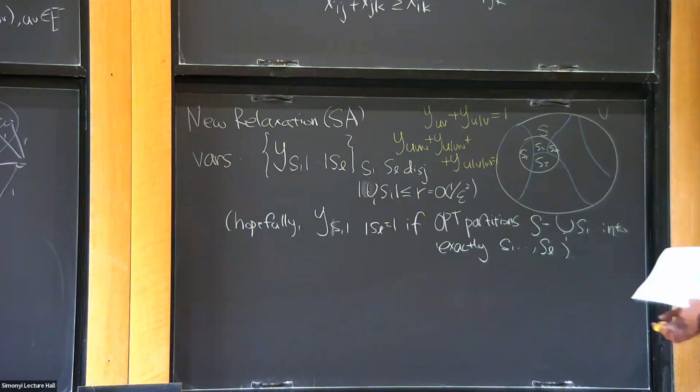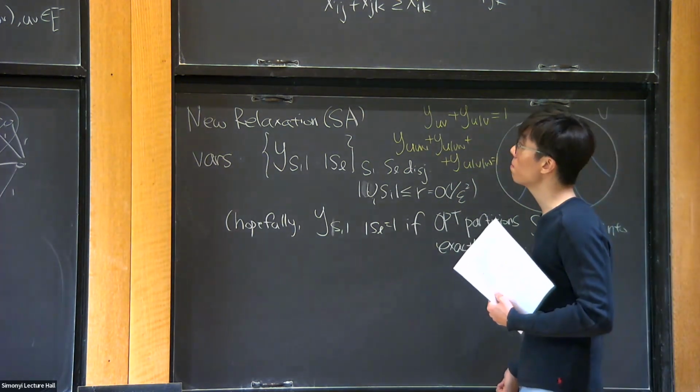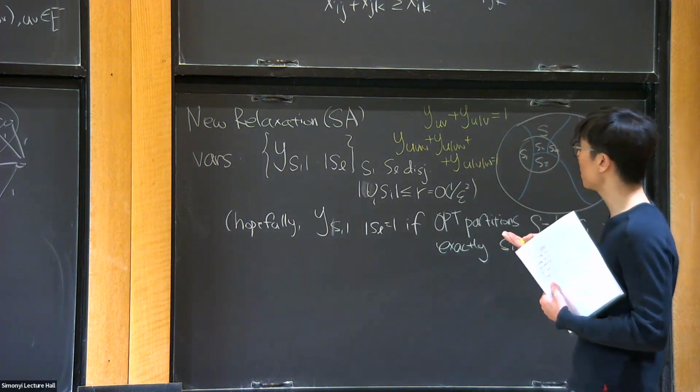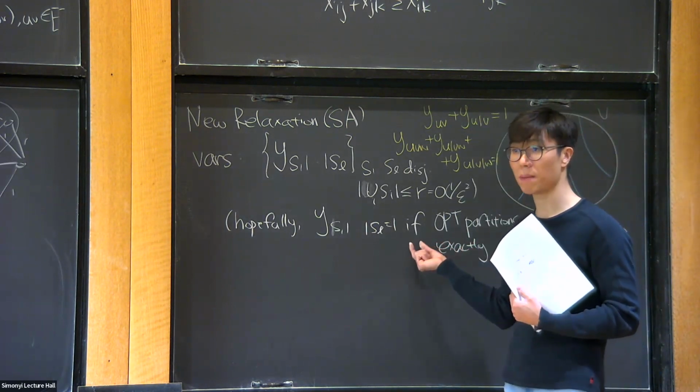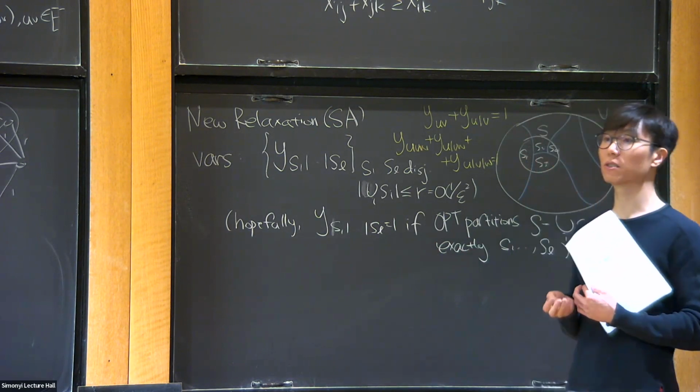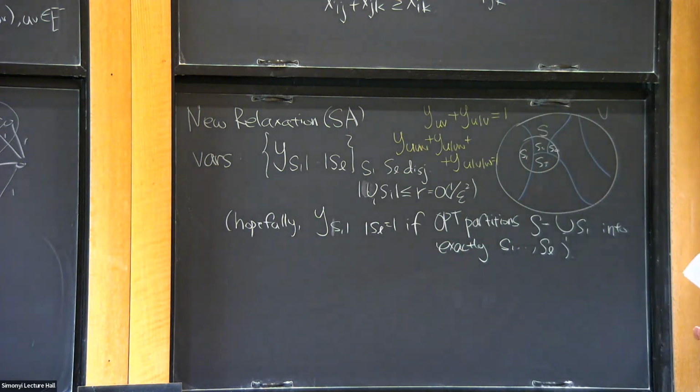So in order to formally capture at least some of these aspects, what kind of constraint should I put? The constraint I put is also very natural.